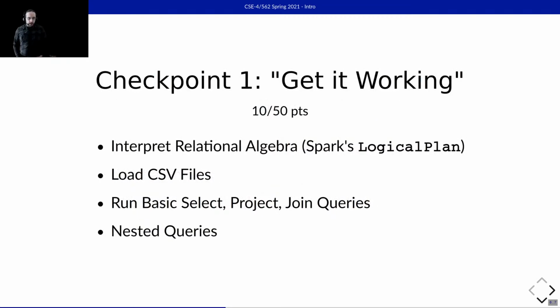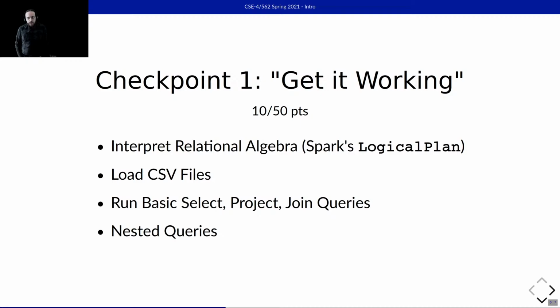Checkpoint 1 is essentially going to be more focused on correctness than on actual performance. So here, I'm going to give you queries. You're going to have Spark's parser, which is going to give you a component that Spark calls a logical plan. This is what I would call a relational algebra tree.